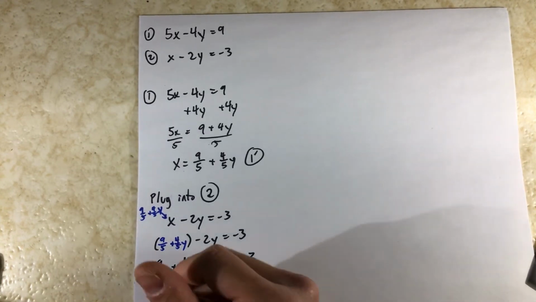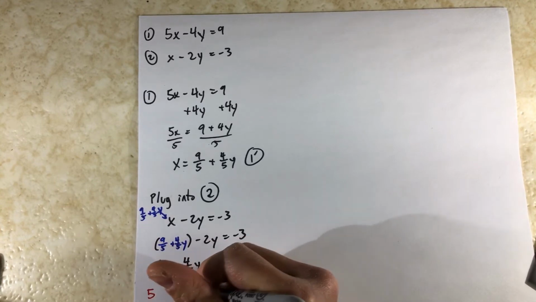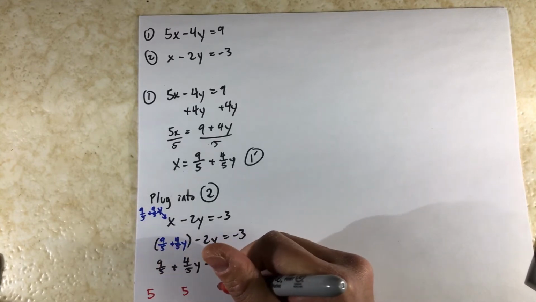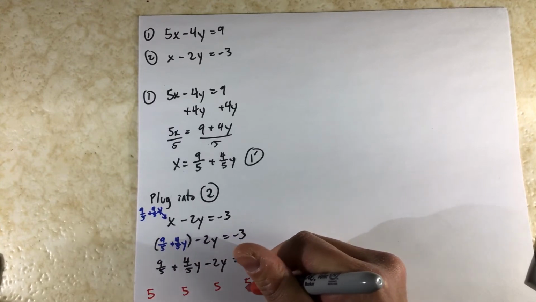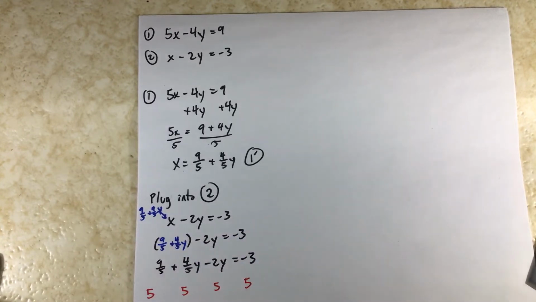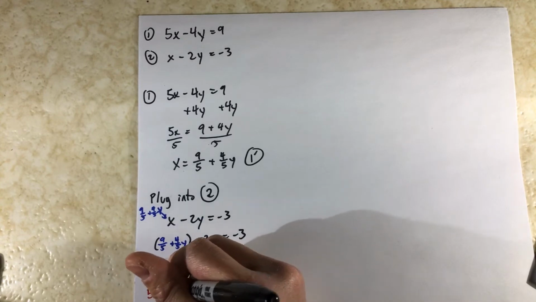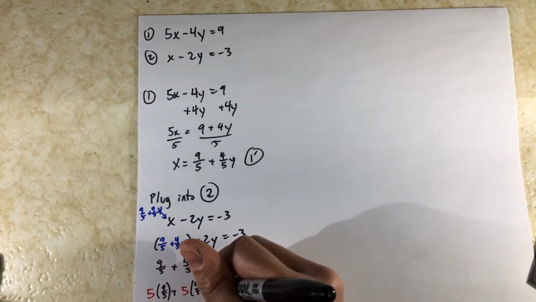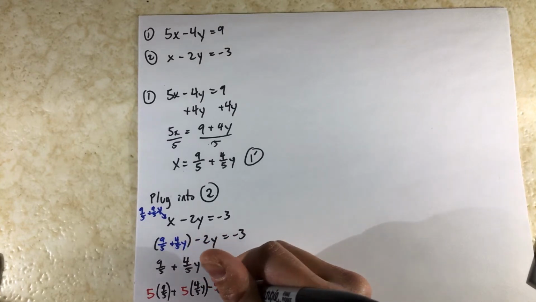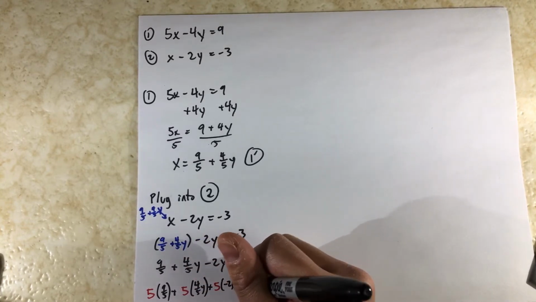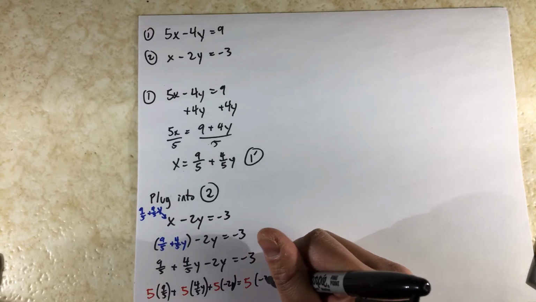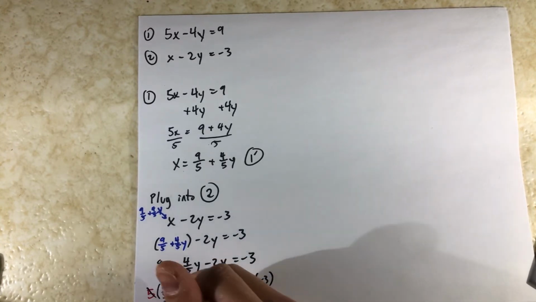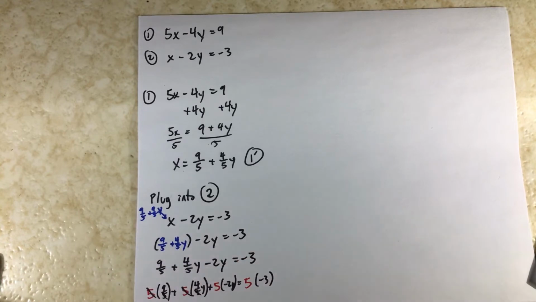So 5 times every term, 9/5 plus 4/5 y minus 2y equals 5 times negative 3. And again, the denominators cancel. There we go, no denominators.